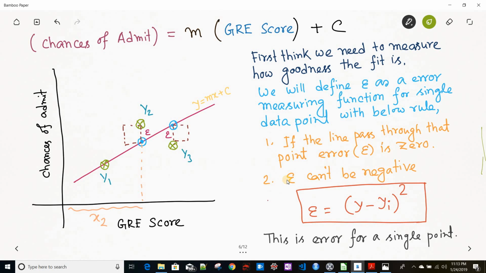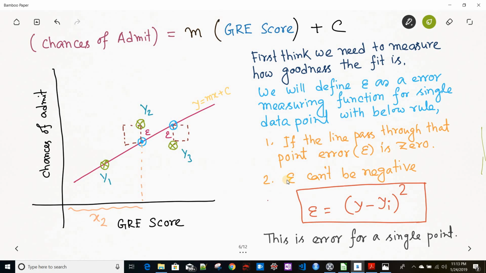Okay, and now the measurement of goodness we need to come up with, right? So that means we need to come up with an error for each and every line representation and choose the line which has the minimum error. Okay, that's the concept. Now I am slowly entering the concept of least squares over here.